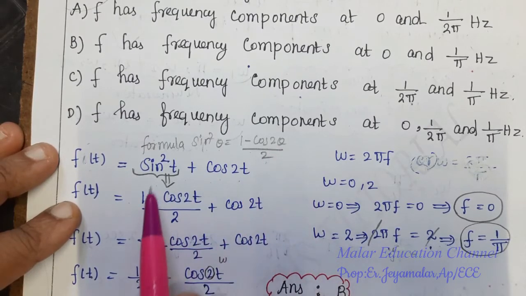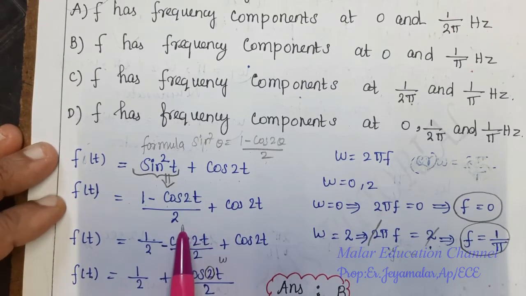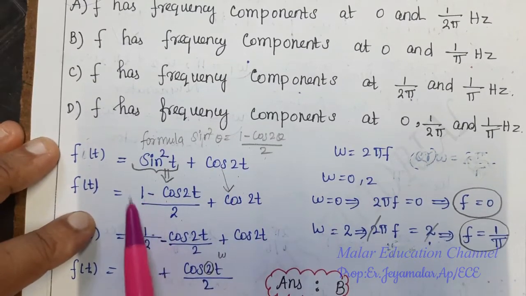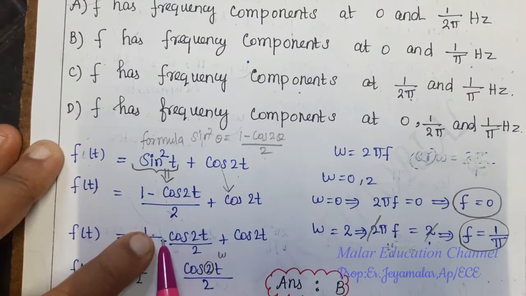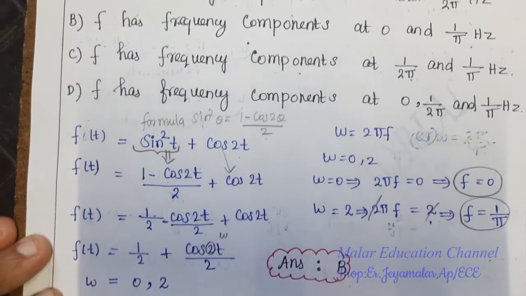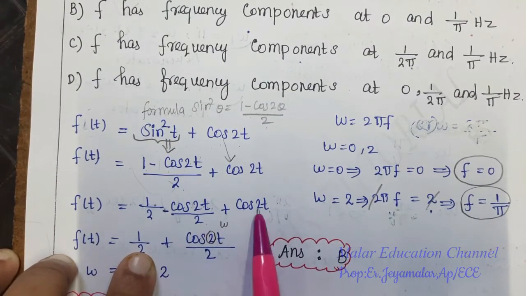How to change the term? Sin square t can be replaced by (1 minus cos 2t) divided by 2. The next term stays as it is. Next, separate the denominator: 1 divided by 2 minus cos 2t divided by 2 plus cos 2t.